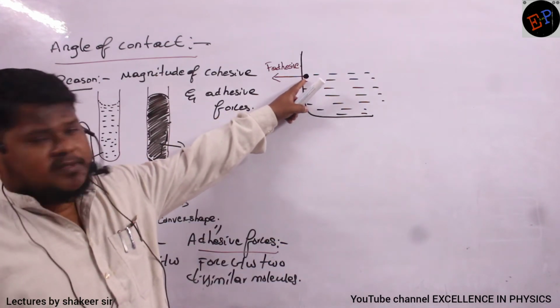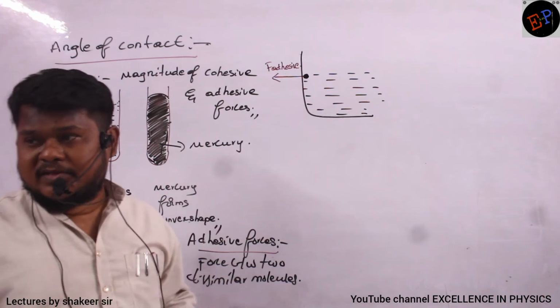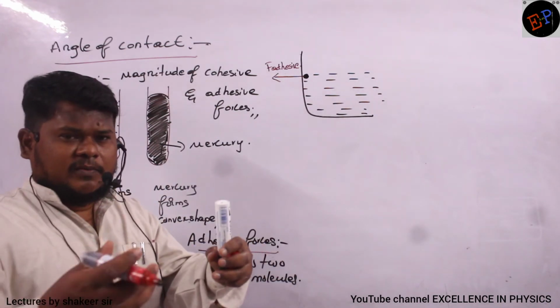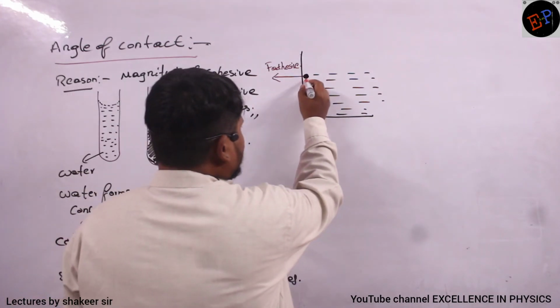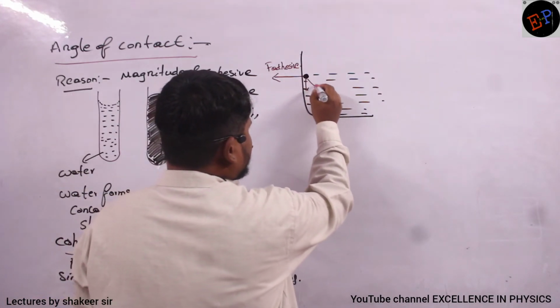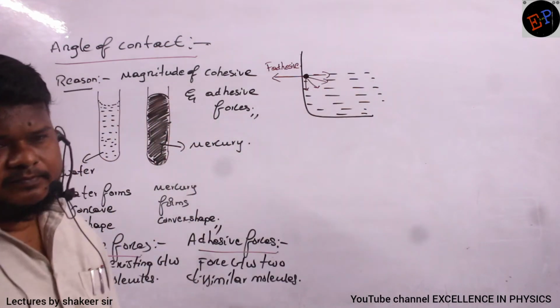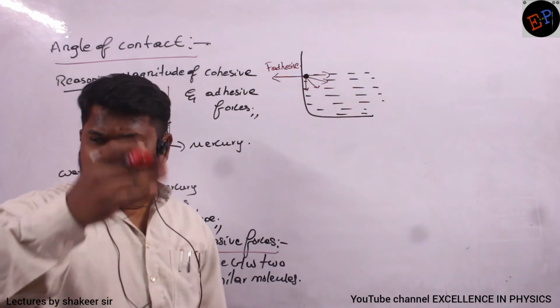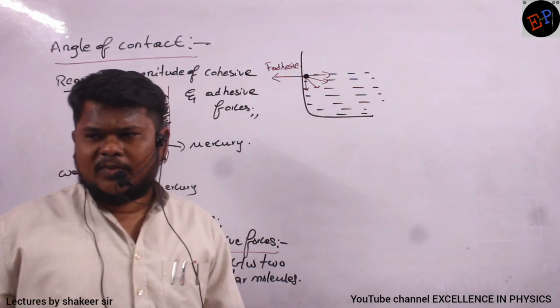This water molecule is experiencing adhesive force because of the glass. The glass molecules attract the water molecule. The same water molecule also experiences cohesive forces because of other water molecules in every direction. It is surrounded by many other water molecules, and they are pulling this water molecule.